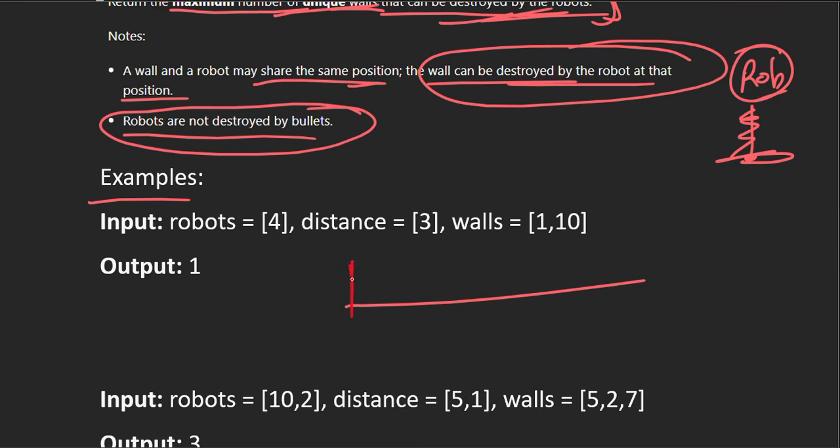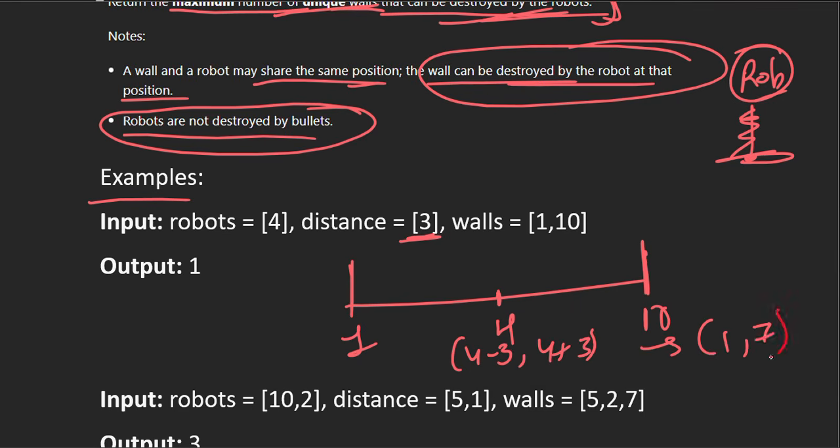We have one wall at index 1, another wall at index 10, and a robot at index 4 that can shoot at a distance of 3. What is the range of this robot? The range is 4 minus 3 to 4 plus 3, so it can shoot from 1 to 7.